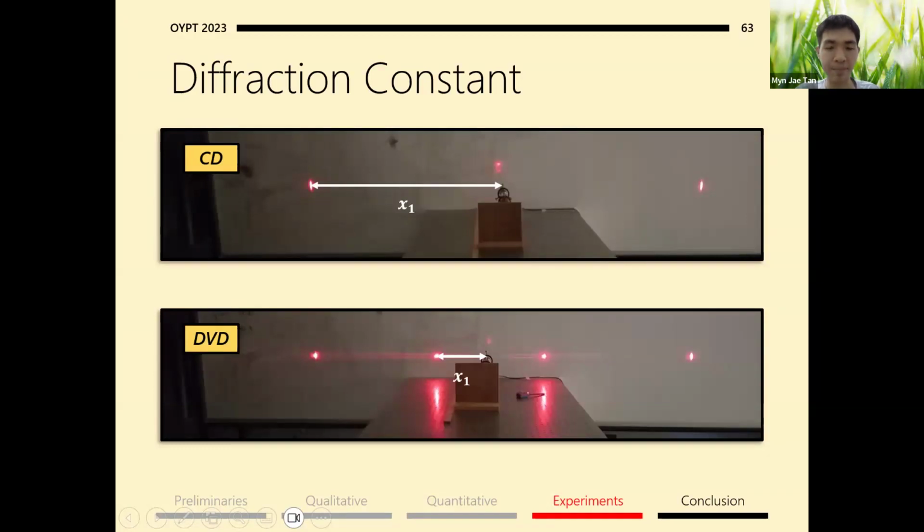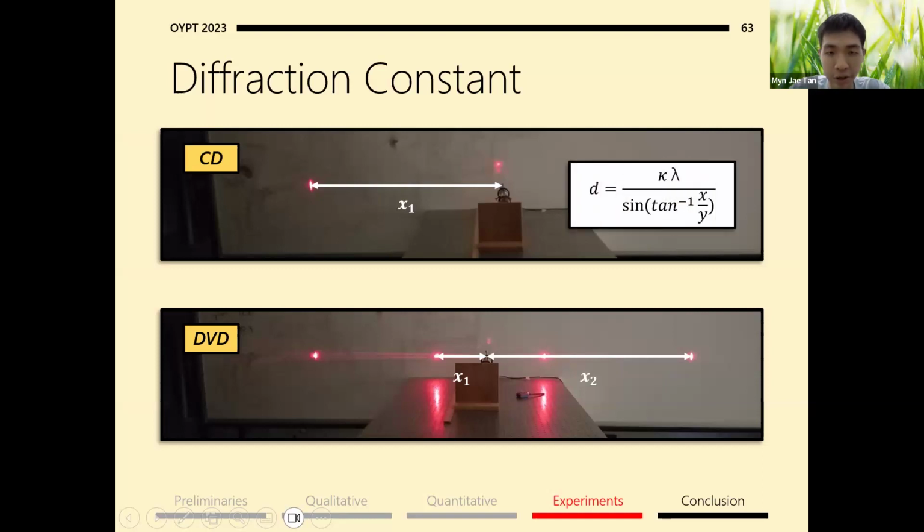Because of the simple diffraction grating equation, we can measure the track spacing of the optical disc. I defined x1 to be the distance between the spots produced by the zeroth and the first diffraction order, and x2 is the distance between the spots produced by the zeroth and the second diffraction order.